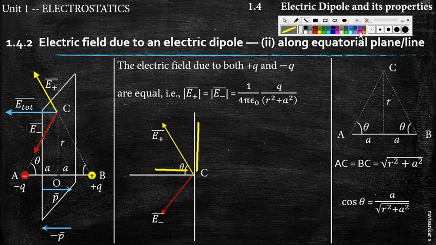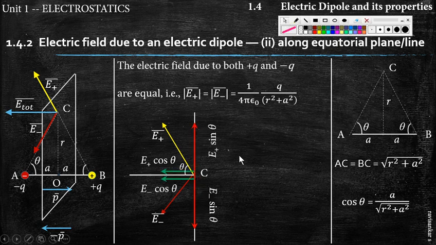Next, for the E minus vector, this should be the horizontal component, and this should be the vertical component. So I have marked these components over here.